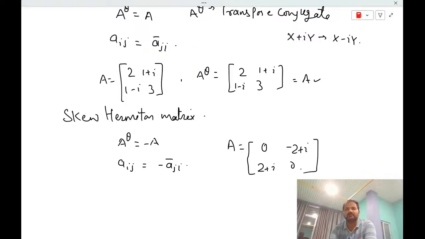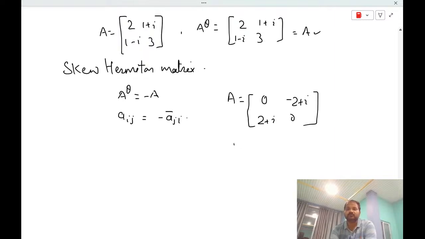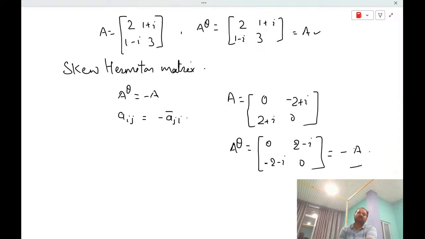A theta will be the transpose of its conjugate. The conjugate remains 0 0, and the transpose puts minus 2 minus i on this side and 2 minus i on the other. So you can see there is a difference of the minus sign. If I take the minus sign common, it becomes minus A. So this is an example of a skew Hermitian matrix.